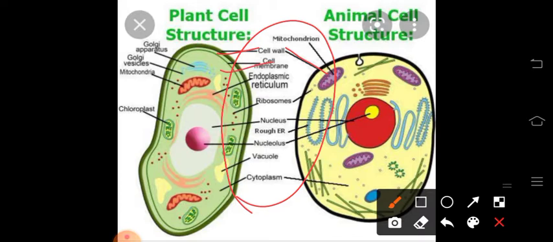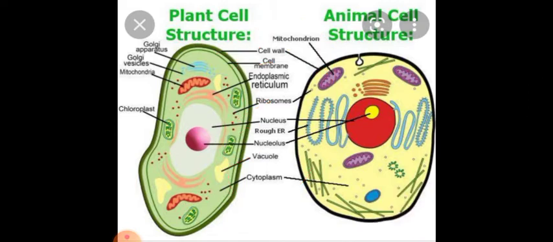It is not present in animal cell. Next, ribosomes are present in animal cell as well as plant cell. Nucleus is present in animal and plant cell. Vacuole is also present in only plant cell. Cytoplasm is present in plant cell as well as animal cells. Why I am saying this, I will show you.